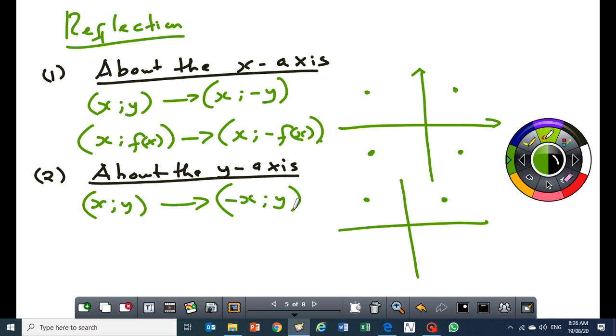If we use function notation, this one here is a little bit tricky as compared to the first one, because we are not dealing with y anymore. And we know that our function notation is for y. So for the new rule, it's wiser to work with it as it is. We can also introduce function notation, but I don't want to confuse you now. For reflection about the y-axis, I'll stop here.